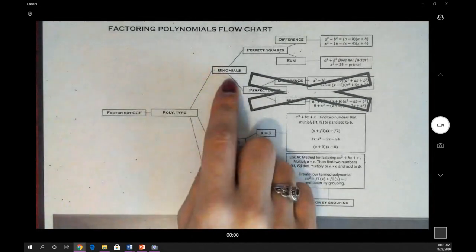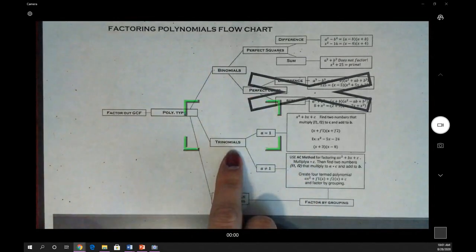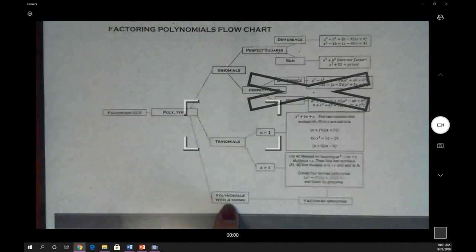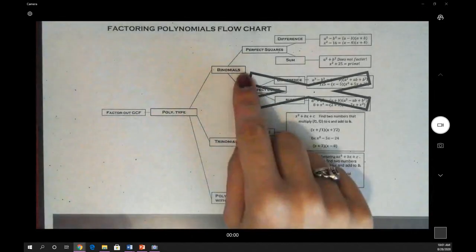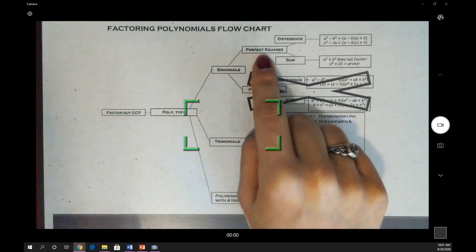Then you decide what type of polynomial you are looking at. A binomial, meaning you have 2 terms. A trinomial, meaning you have 3 terms. Or a polynomial with 4 terms, which they don't have a special name. If you have a binomial, you need to check if they're perfect squares.